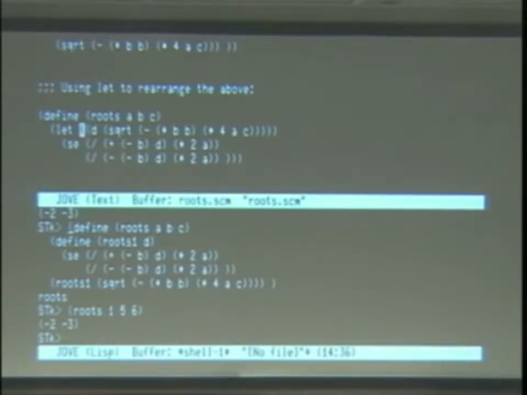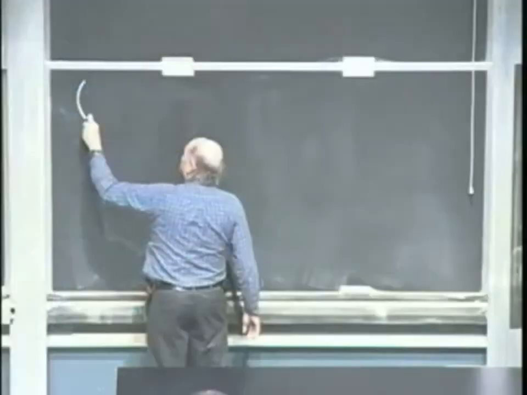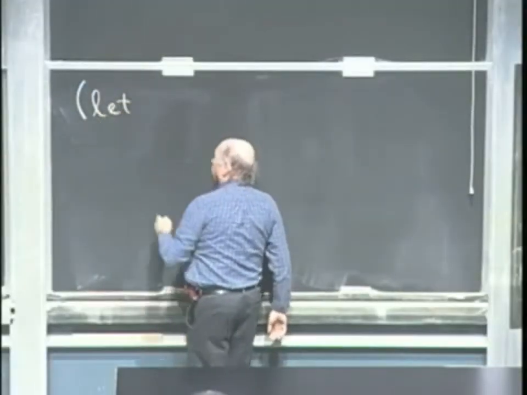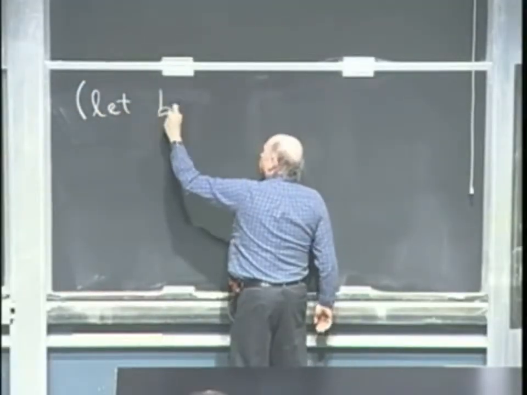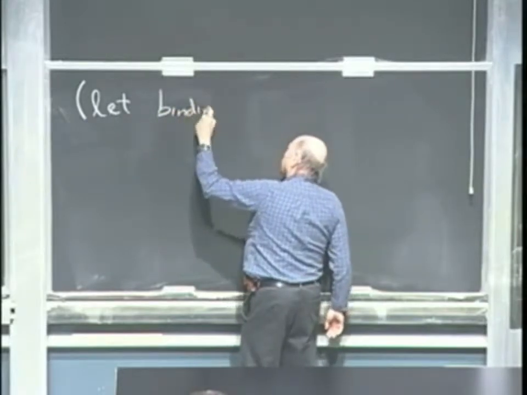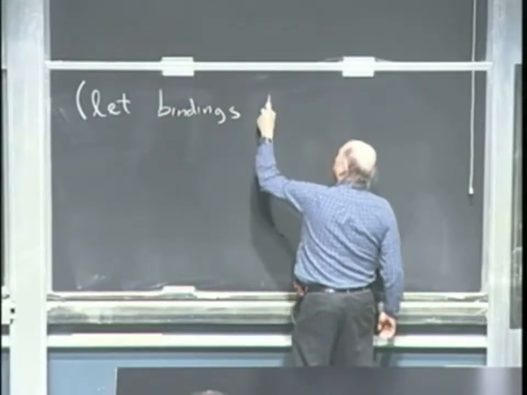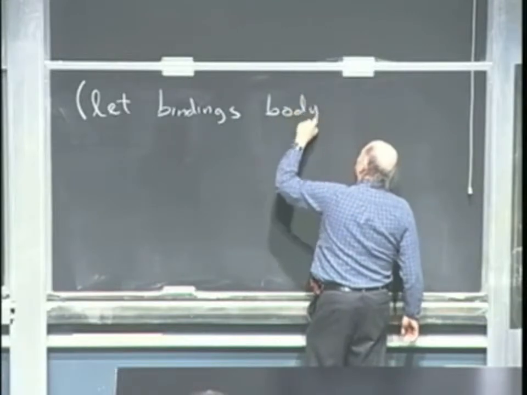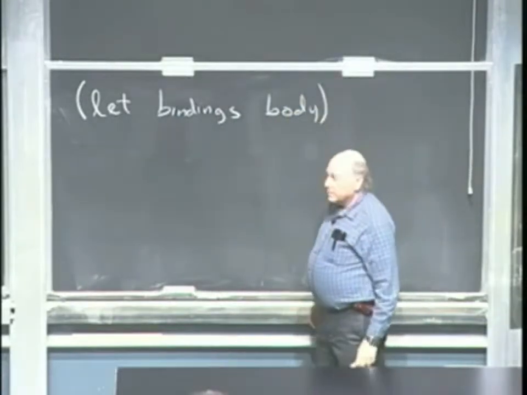So it's let, and then bindings, and then body. That's what a let looks like.